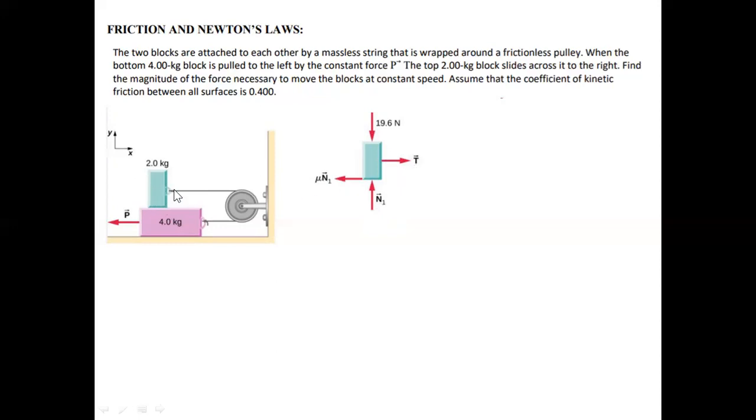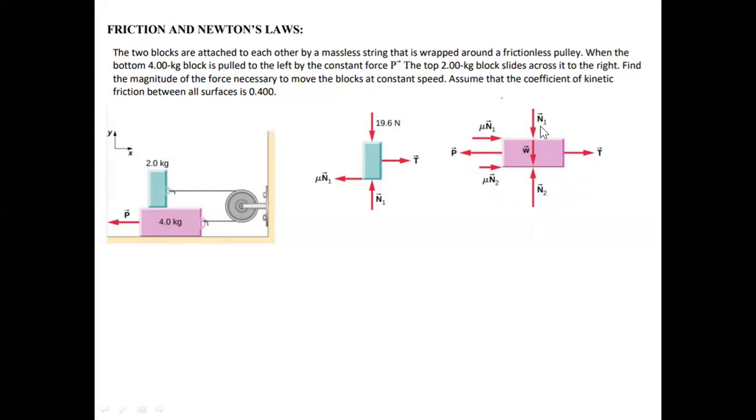And since it moves towards our right, the frictional force is opposite of our tension, which is mu, the coefficient of friction, multiplied with the normal force N1. Now, the weight of this second block points downwards as W. And then we have the weight as well of the first block, 2 kilograms.